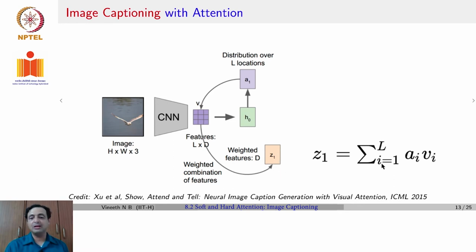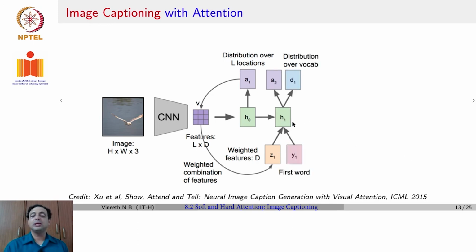Z1 is given by A_i V_i. V_i, remember, are the features inside each of these grid locations that come as the output of the feature map, and that Z1 now becomes input to the RNN along with the first word or the start token.